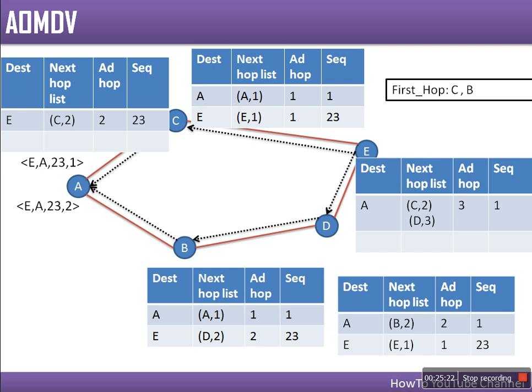So the first priority is the sequence number: always entertain the higher sequence number packet. If the sequence numbers are the same, then prefer the shorter path. So this is how the AOMDV routing protocol works. Thank you for watching this.